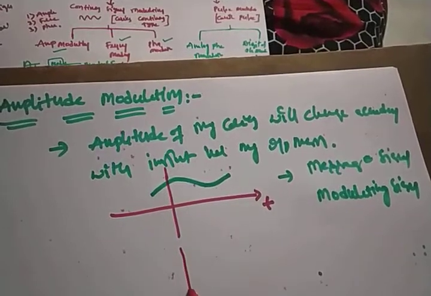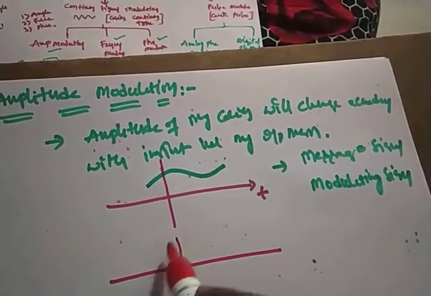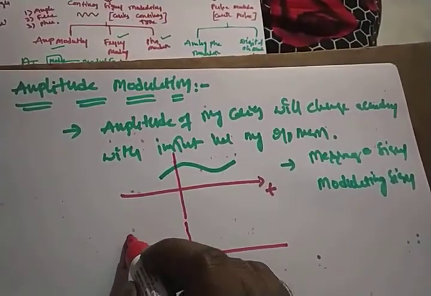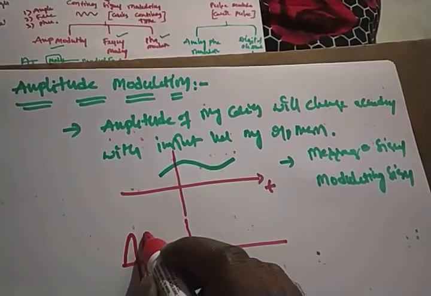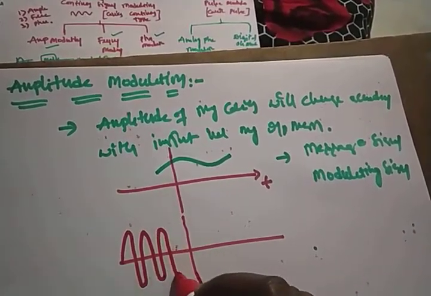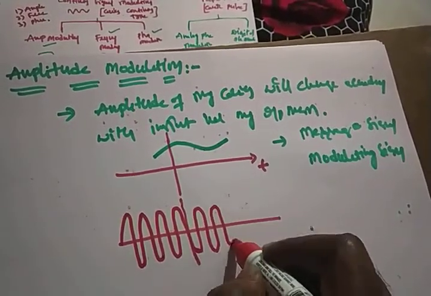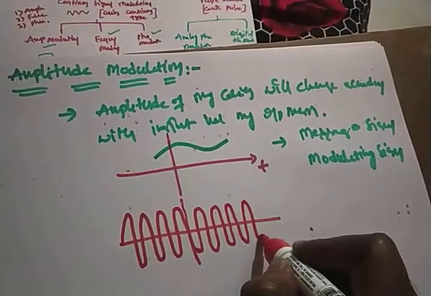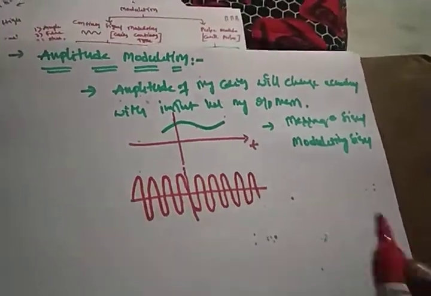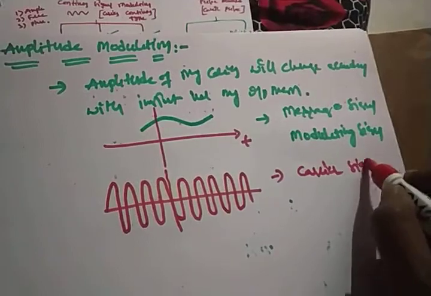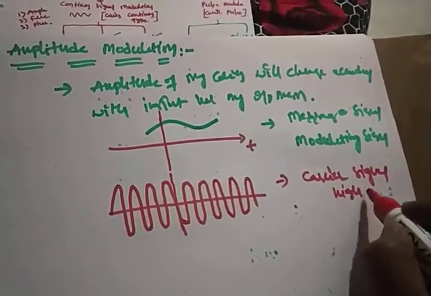Now I have a carrier signal, which has high frequency. So this is a carrier signal, which is a high frequency signal. So they are going to be combined.